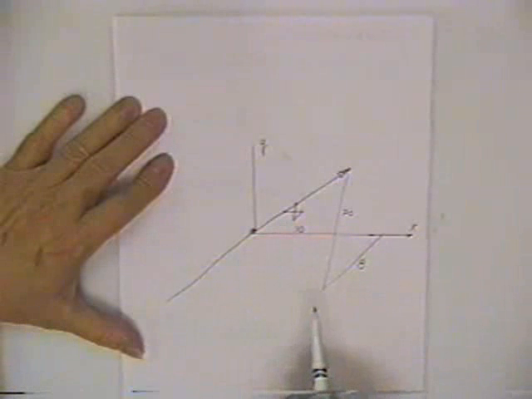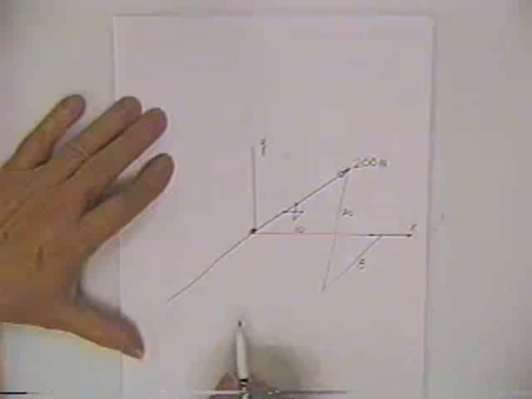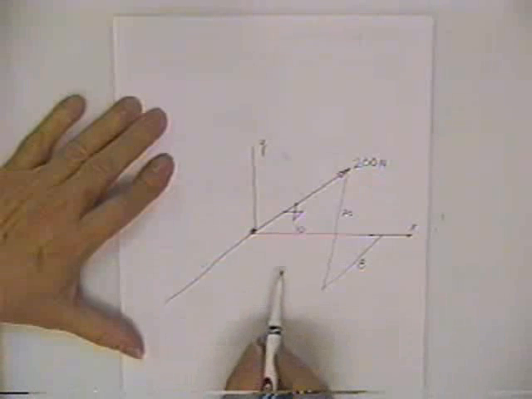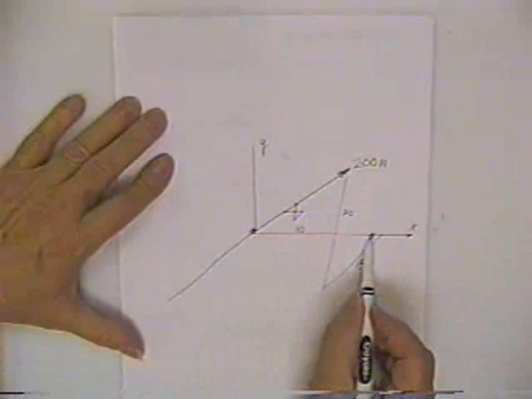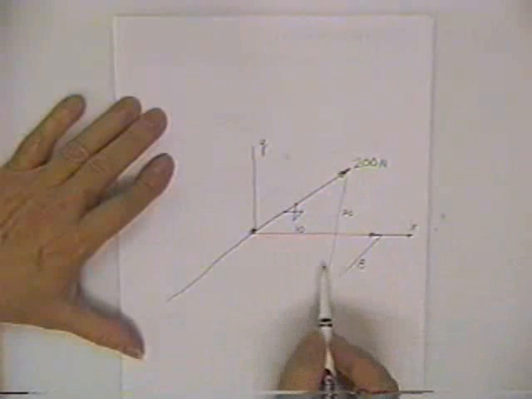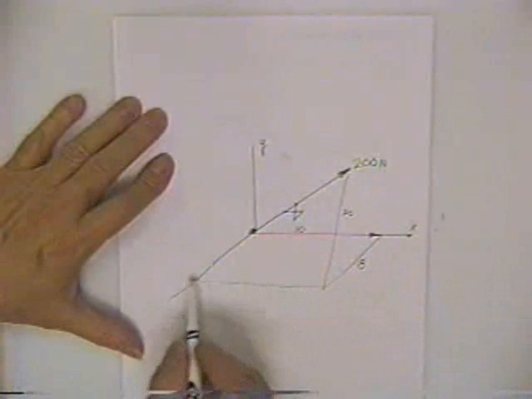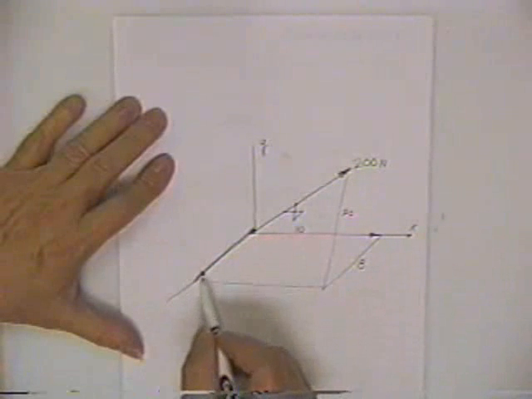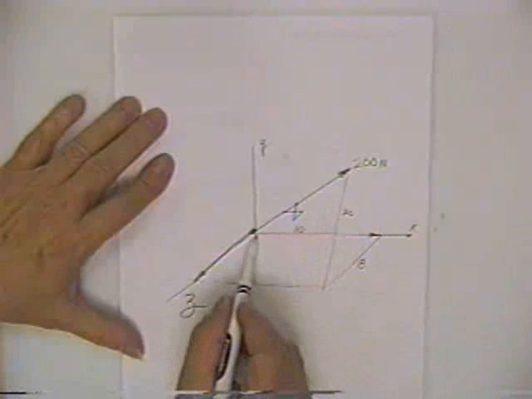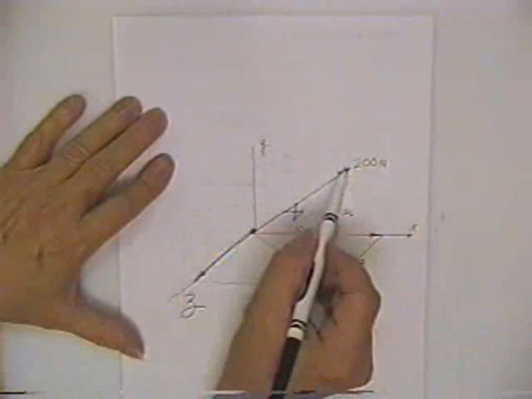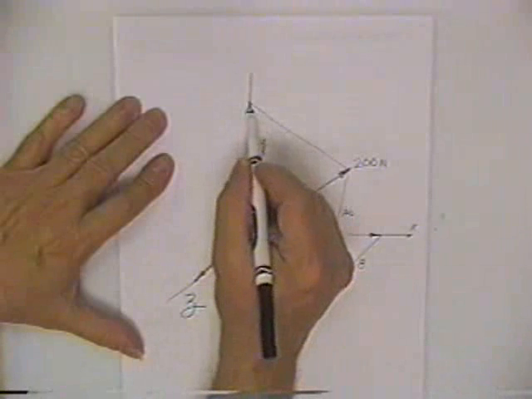But regardless of how they do that, if this was a 200 Newton force, you would be asked to be able to find this force's projection on this axis. You would have to be able to find this force's projection on the Z-axis. And you would have to be able to find this force's projection on the Y-axis.